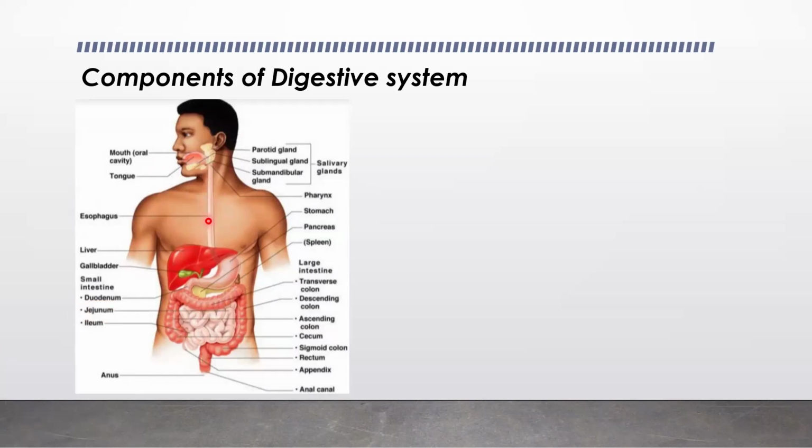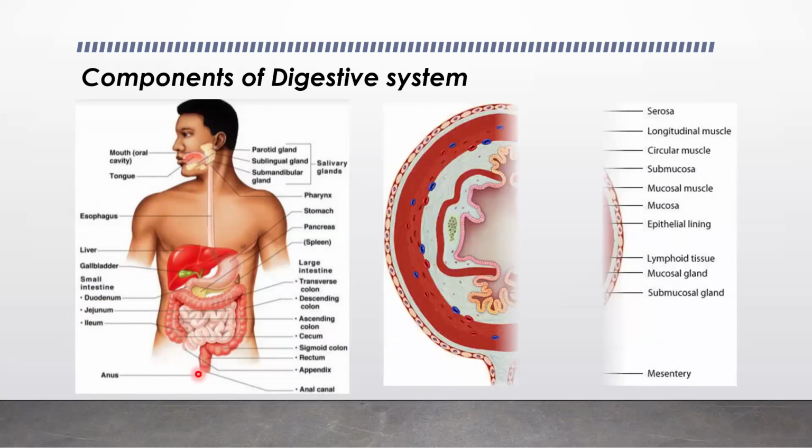From the pharynx, the esophagus, then the stomach. Then you go to the small intestine divided into the duodenum, then the jejunum, then the ileum. From the ileum, you have the colon, starting with the appendix, the cecum, the ascending, transverse, descending colon, the sigmoid colon, the rectum, and then the anus or the anal canal.